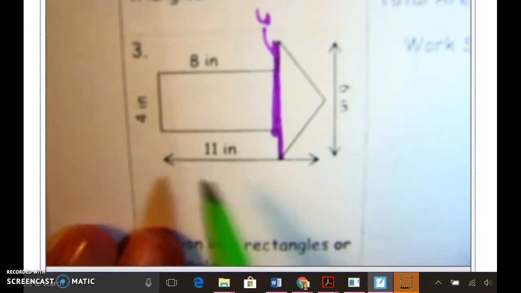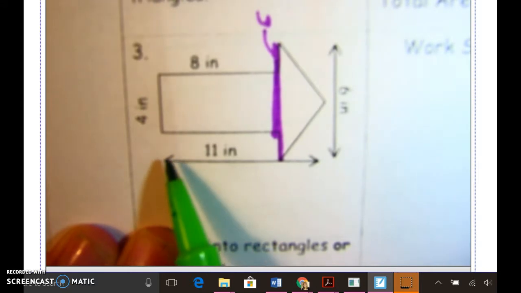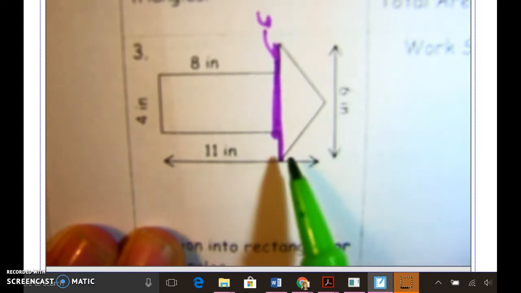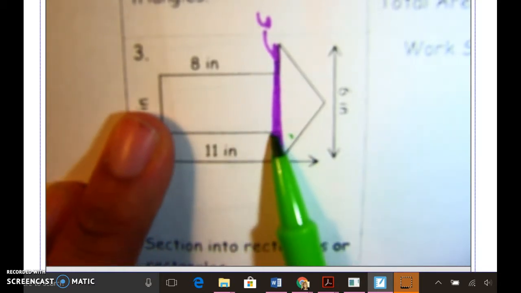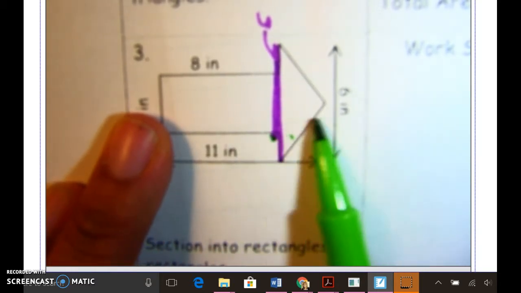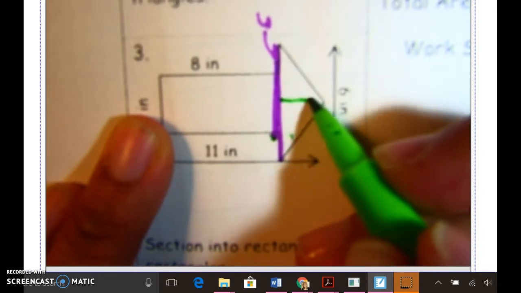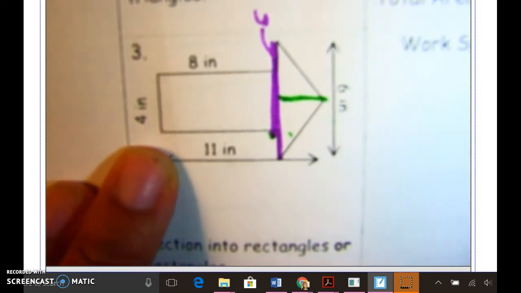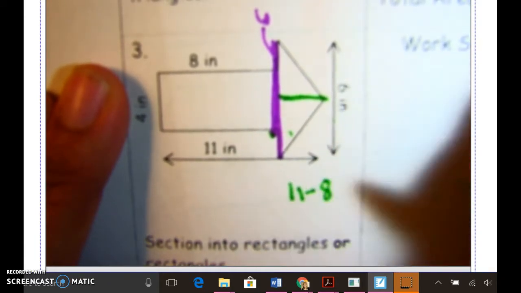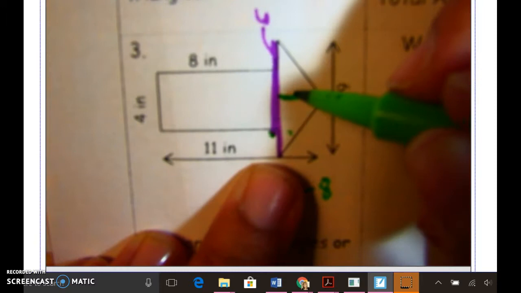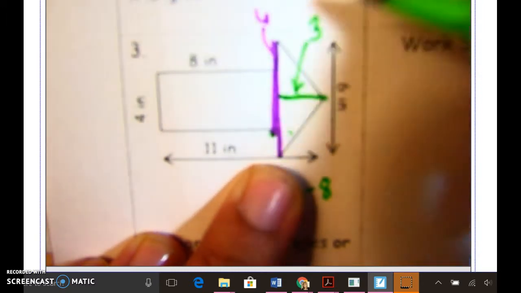I see that all the way from end to end is 11. This much of the 11 is 8. How much is left over to be the height of the triangle? I'm going to have to subtract 11 minus 8. And when I subtract that, I see that the height of this triangle is 3.